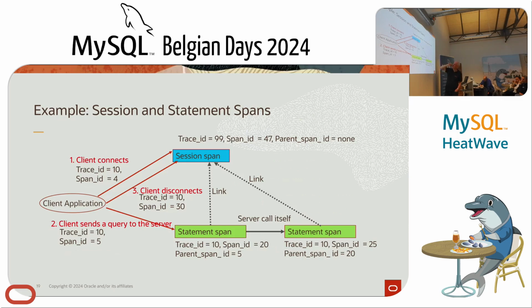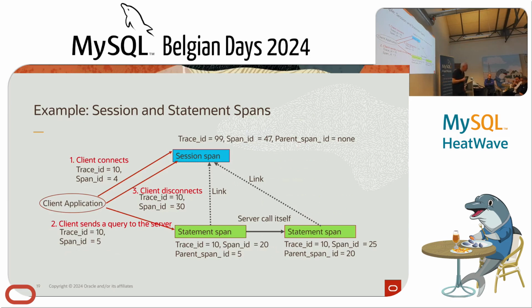It shows that it creates a session span when you actually disconnect. But in the background we have the start time of the session, so when we send the trace, you will see both the start and the end. But it's not visible in the backend as a trace until the session closes.